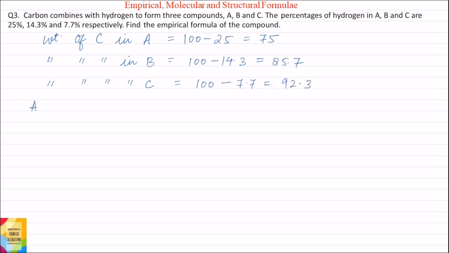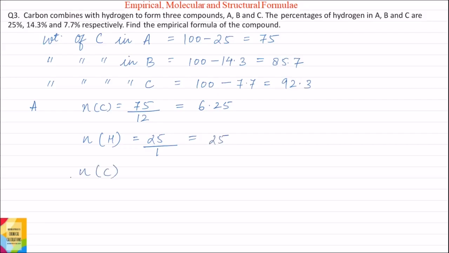Now moles of carbon in A will be equal to weight divided by atomic weight of carbon, that is 75 divided by 12, and this is equal to 6.25 moles. And moles of hydrogen in A will be equal to weight divided by atomic weight of hydrogen, which is equal to 25 divided by 1, and this is equal to 25.